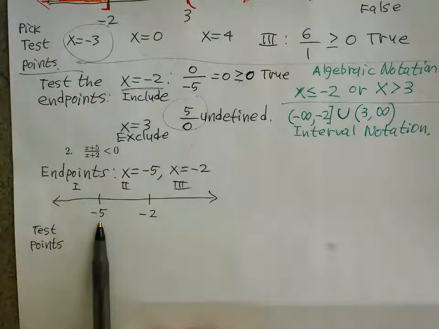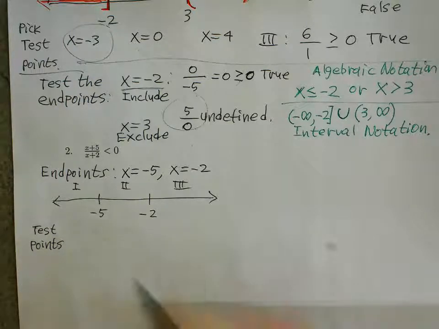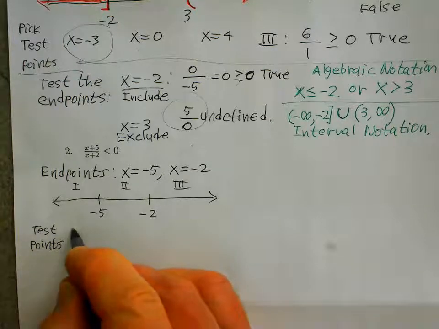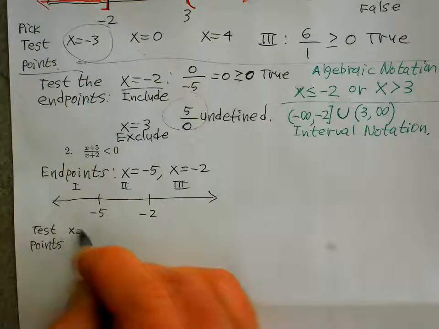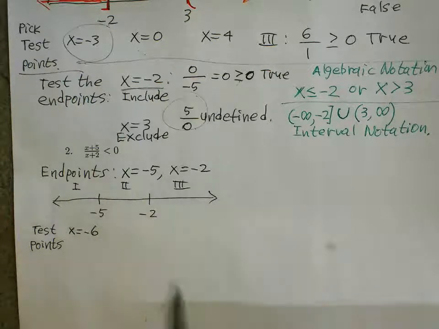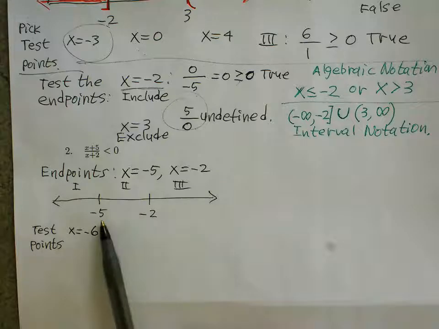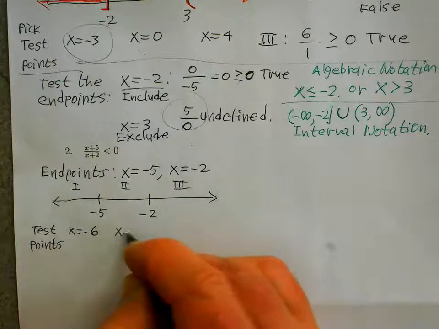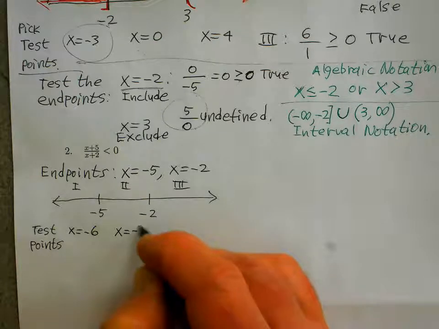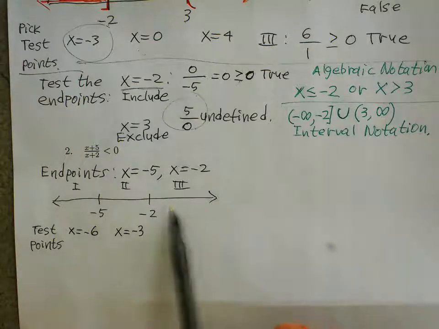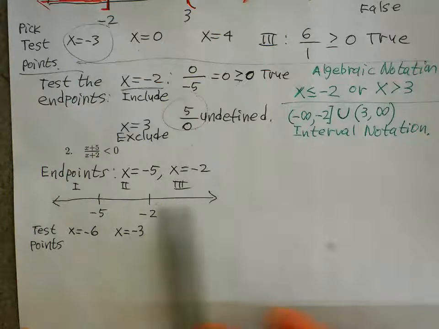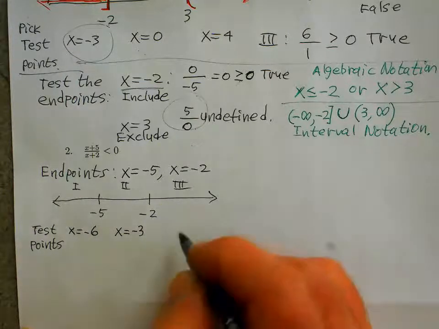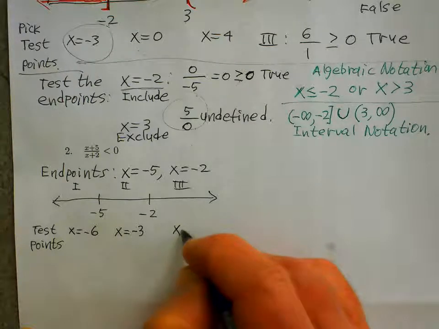In the first interval on the left, pick any number you want that's less than -5. So I'll pick x to be -6. In the middle interval, pick any number you want between -5 and -2. So I'll pick -3. And then in the third interval, pick any number you want that's greater than -2. I'll just pick 0.